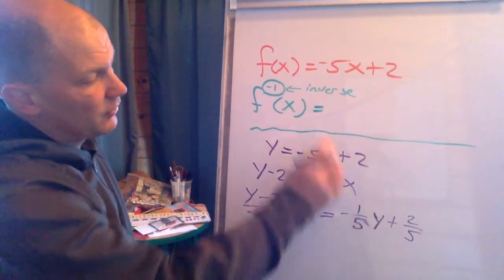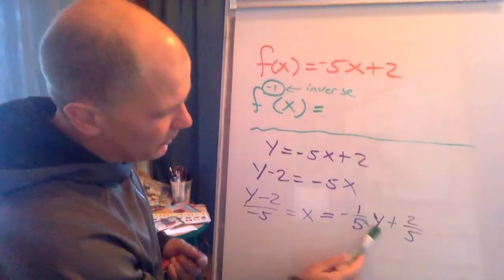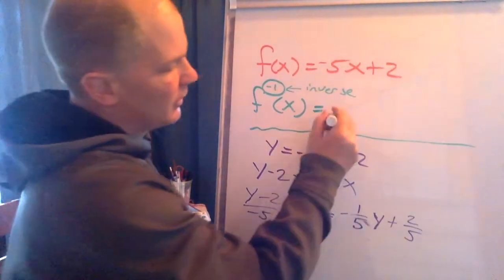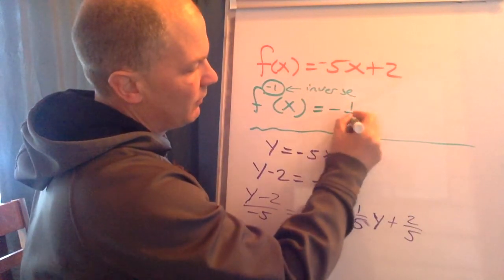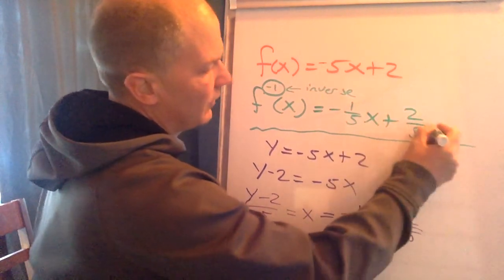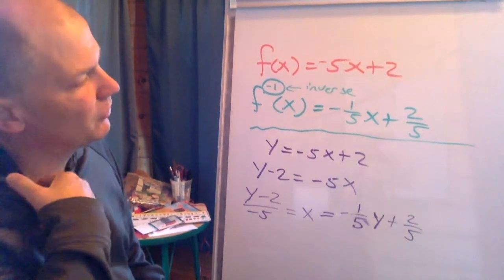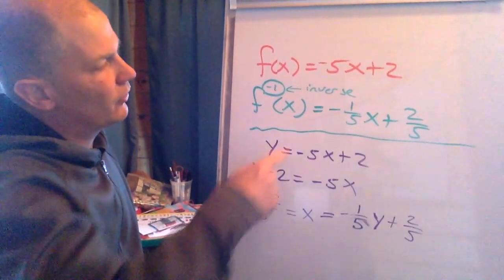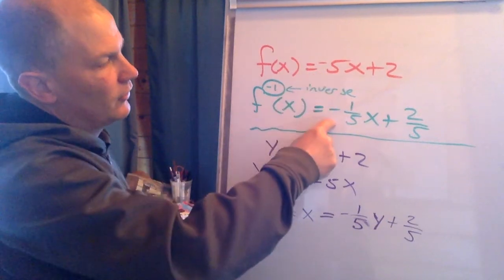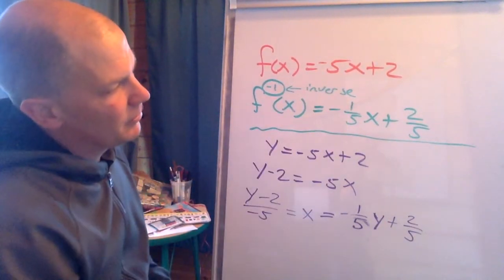And when I go to plug this back up here to say, hey, I've got my answer, all I have to do is just swap out that y. And I'm going to say that my answer is negative 1/5 x plus 2/5. Okay? And this should make sense because we have a slope that is less steep, and it's 1/5. It's the reciprocal of that slope, and that's good.